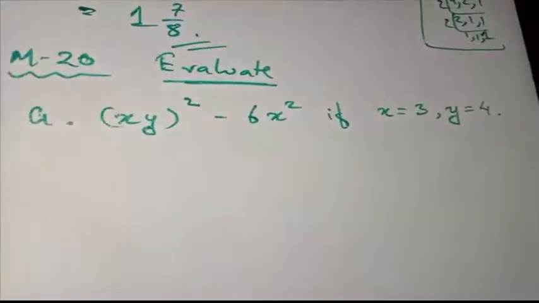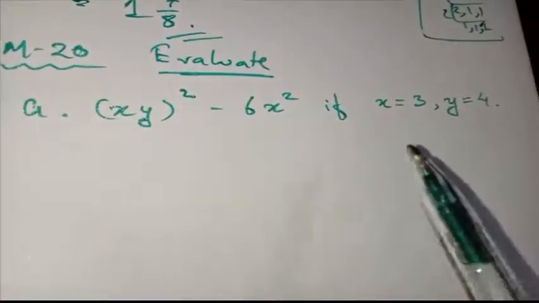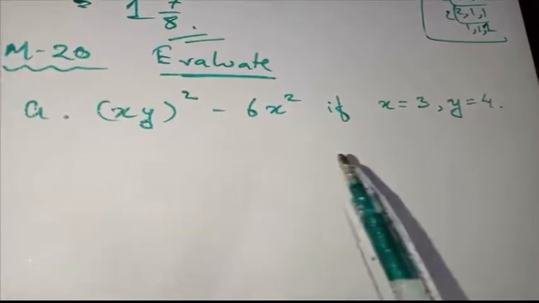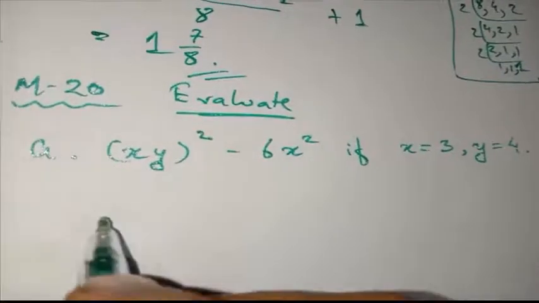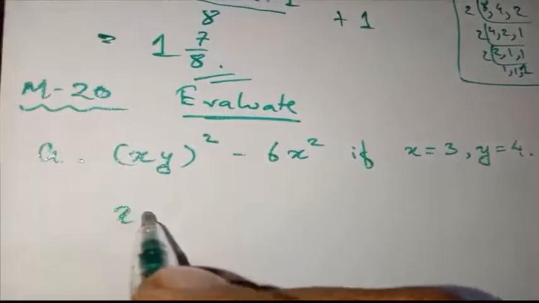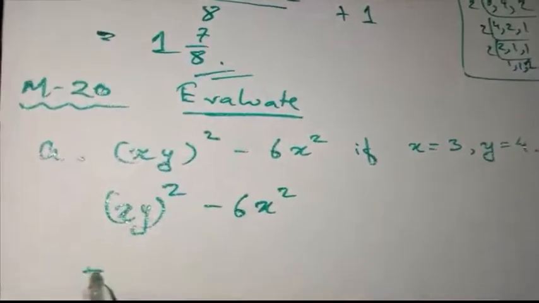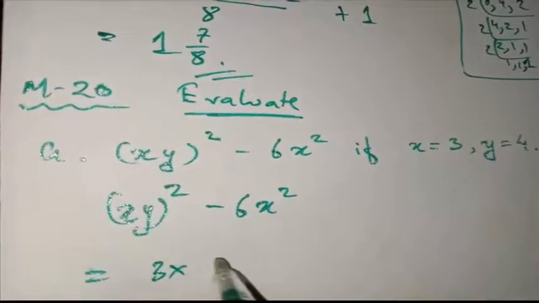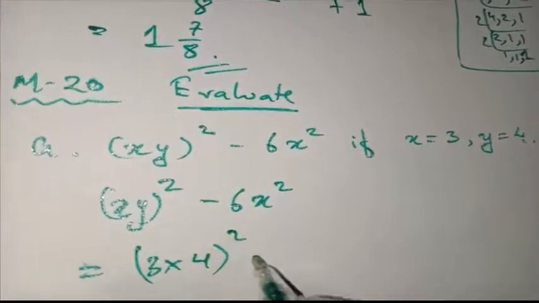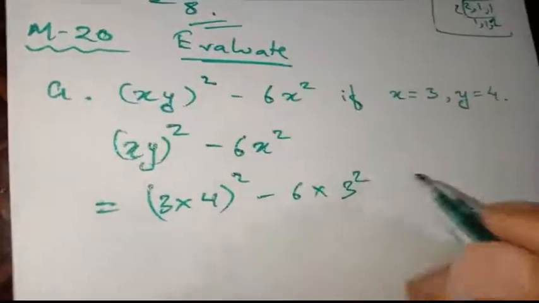Now let us consider a question in module number 20. You have to evaluate whatever expression is given if the values of the variables in the expression are given like this. So xy whole square minus 6x square will be equal to, in x place we will write 3, into y place we will write 4, whole square, minus 6 into x place we will write 3 again, so 3 square.